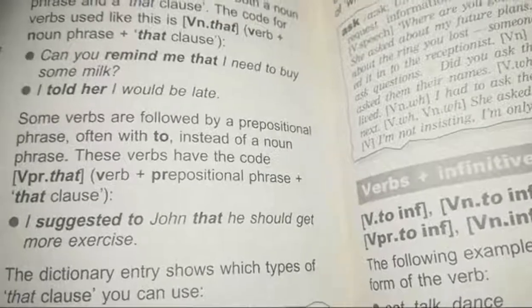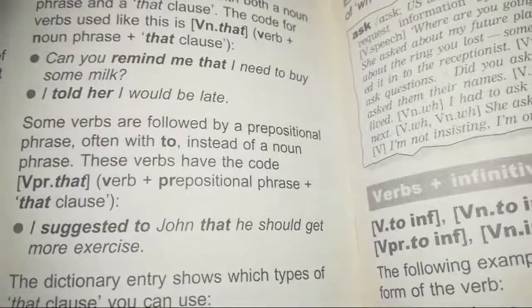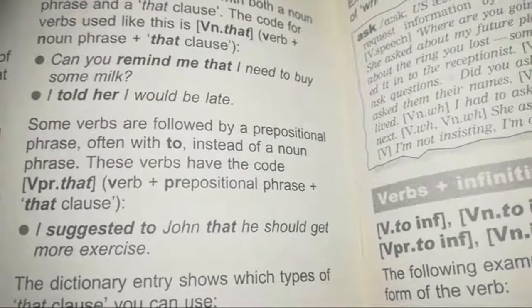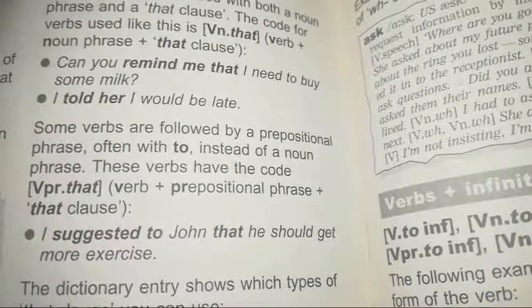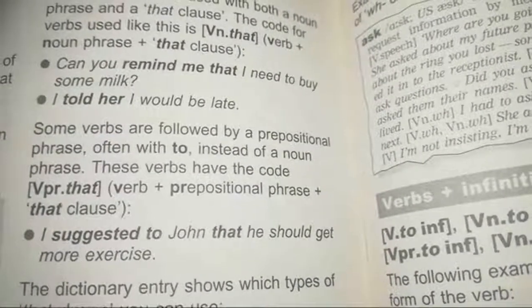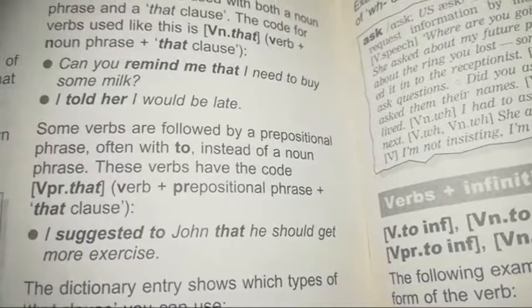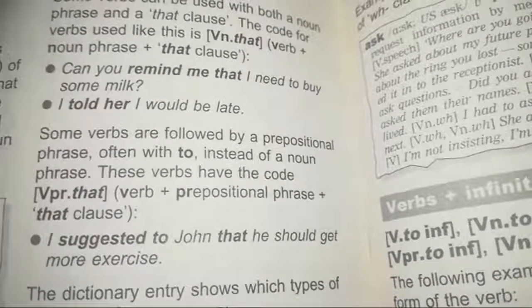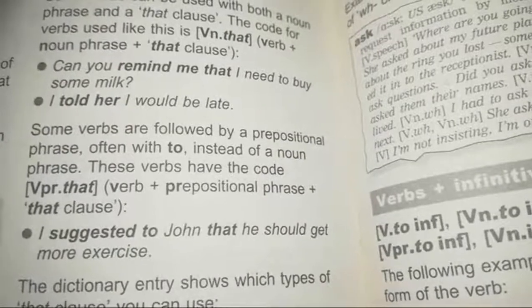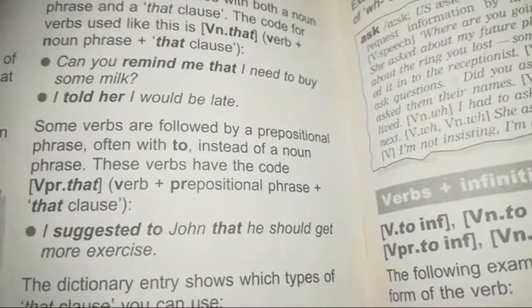Some verbs are followed by a prepositional phrase, often with to, instead of a noun phrase. These verbs have the code VPR that clause.